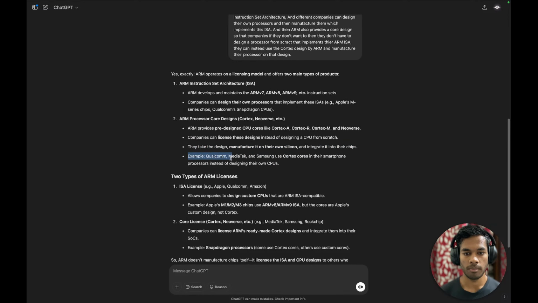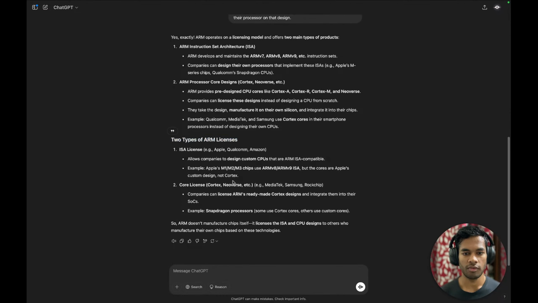Example: Qualcomm, MediaTek, and Samsung use Cortex designs in their smartphone processors instead of designing their own CPUs. Qualcomm's Snapdragon uses Cortex, but Qualcomm might have other processors which are based on the Cortex designs.